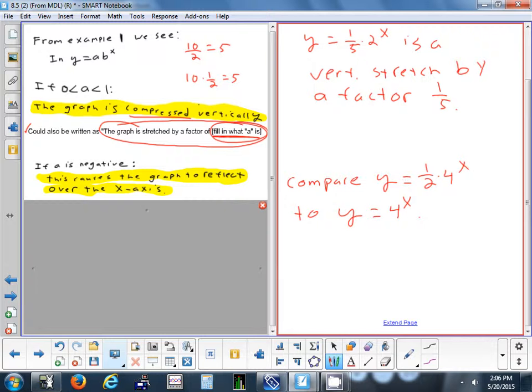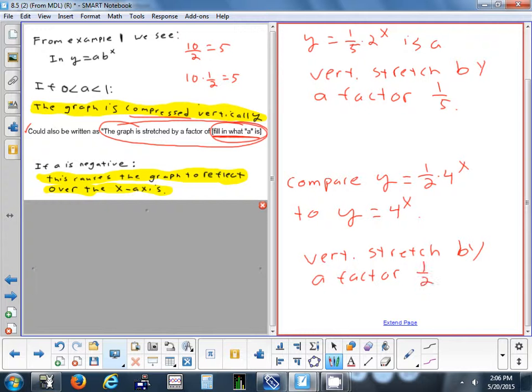This is one I just made up. What's going to happen here? Tell me exactly what I'd write on the test. Dominic? It's going to compress by half. Vertically stretched. Yep, so vertical stretch by a factor of how much?